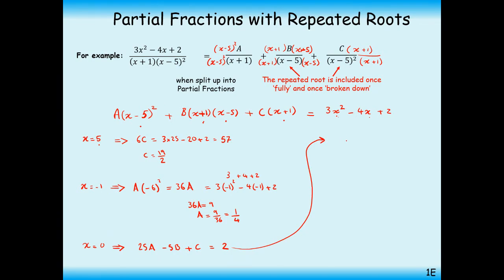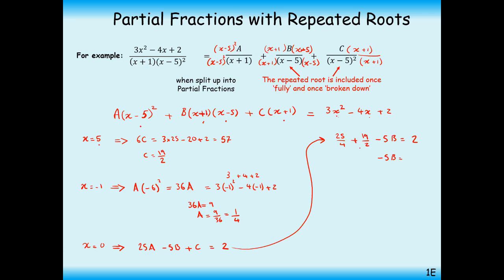We know that a is a quarter, so 25/4 plus c, which is 19/2, minus 5 lots of b should equal 2. Okay, take your time and work out the value of b.